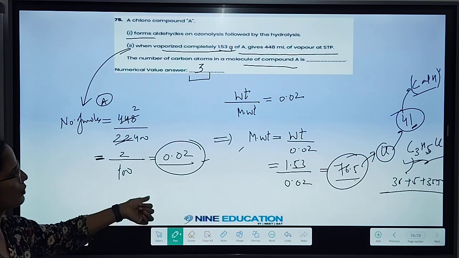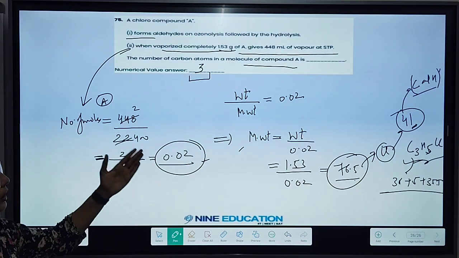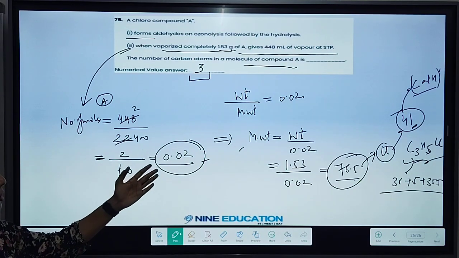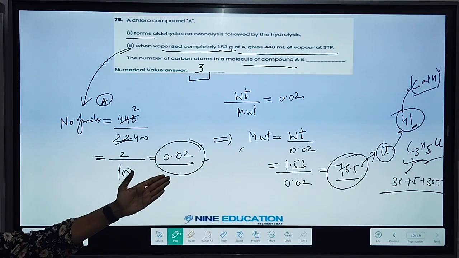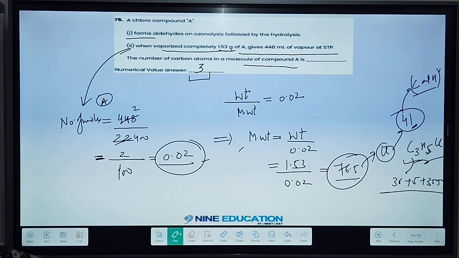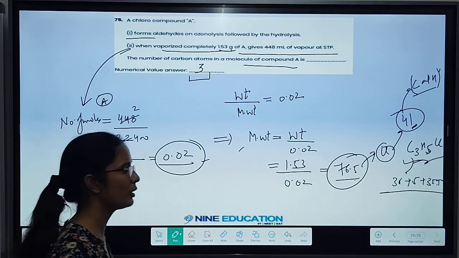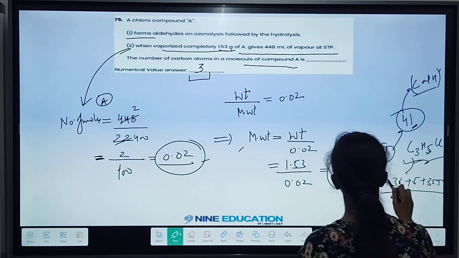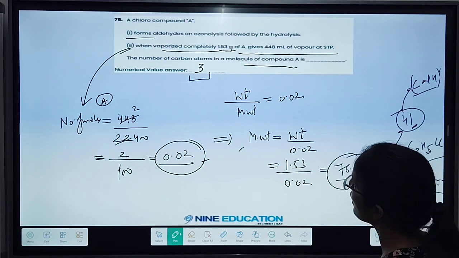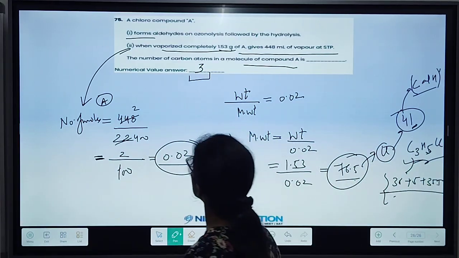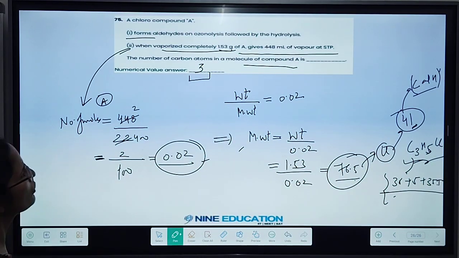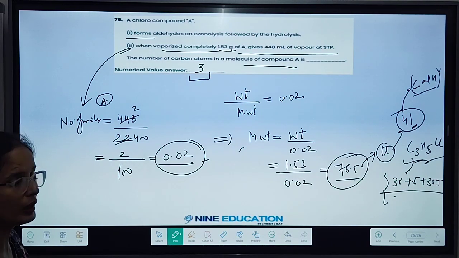With volume data we come to the moles, and if moles and weight are there, we can find out the molar mass, which comes to 76.5. Then 35.5 corresponds to chlorine, the rest corresponds to carbon and hydrogen, and you can go with trial and error, or you can use the formula also. With trial and error, we simply get 3 as the number of carbon atoms. So this is how the 75th question should be done.